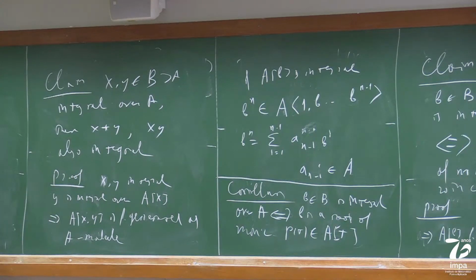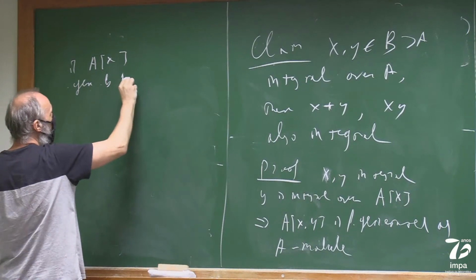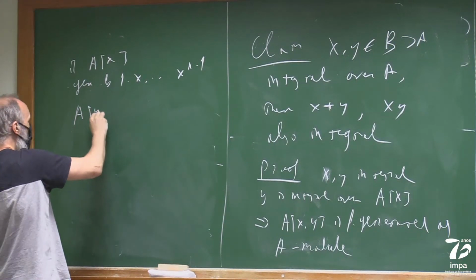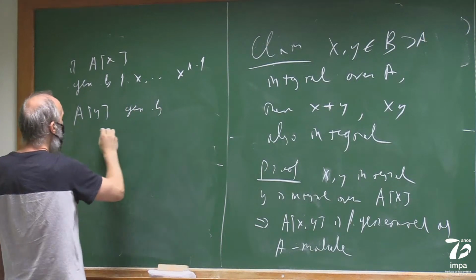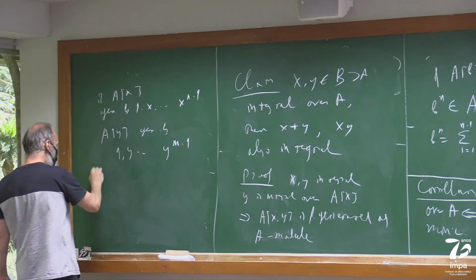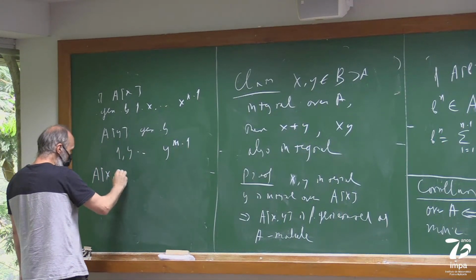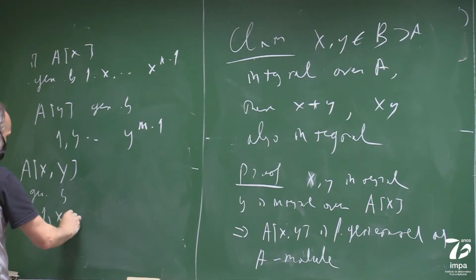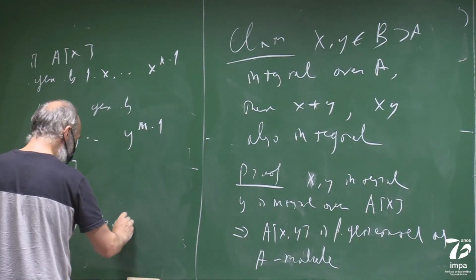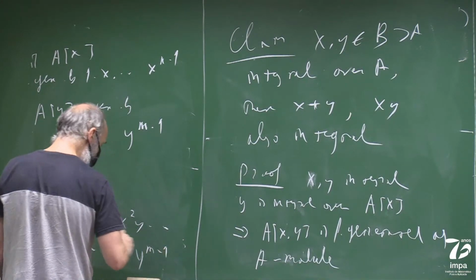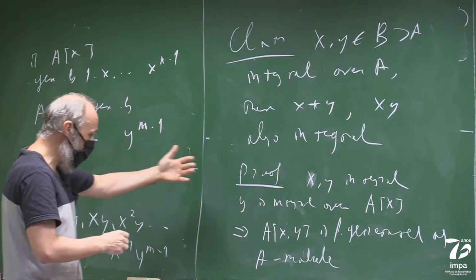So if A of x is generated by 1, x, ..., x to the n minus 1, and A of y is generated by 1, y, ..., y to the m minus 1, then A of these two elements added is generated by 1, x, y, xy, x squared y, and so on, up to x to the n minus 1 times y to the m minus 1.